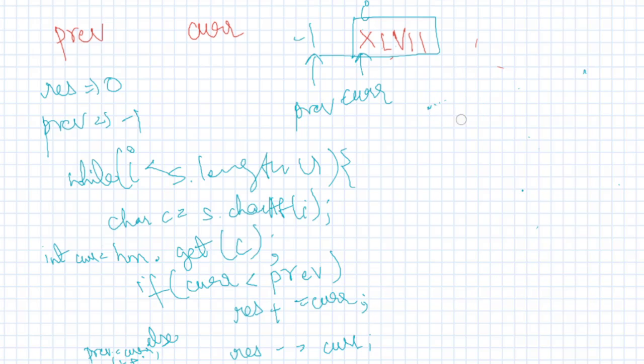Okay, now we have this term. Initially our previous is -1. The value of current after using maps, we got 10. So current is 10, previous is -1. Coming to if, is current less than previous? No, it's greater. So what we'll do, we'll take the resultant.